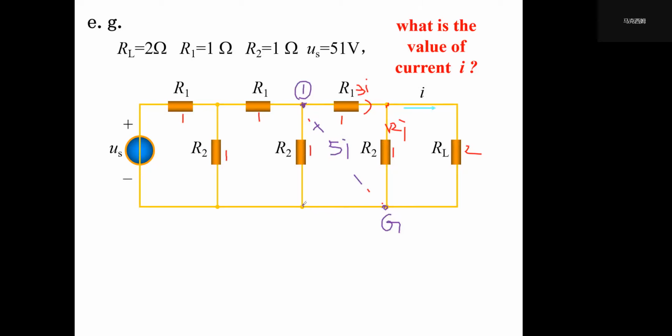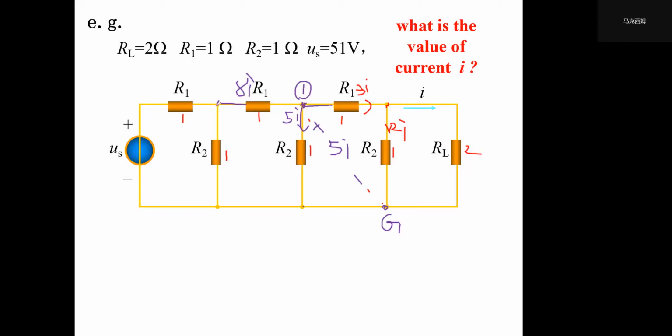So we see that there's 5I voltage on R2, so it must have a current of 5I over 1 ohm, so it's 5I. And since 5I goes out of node 1 and 3I goes out of node 1, it must be 8I going through here, right?